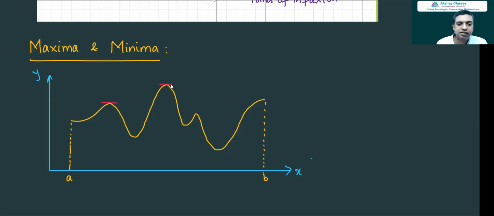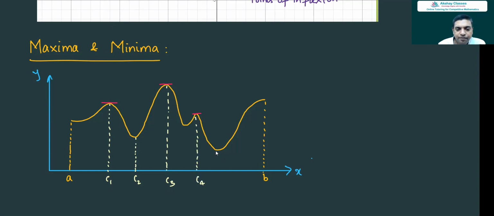Now, in the very vicinity of these points, let us say we call them critical points: C1, C2, C3, C4, C5.